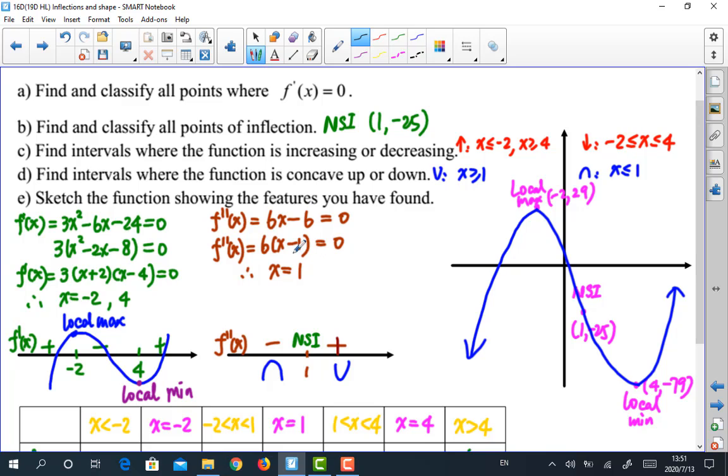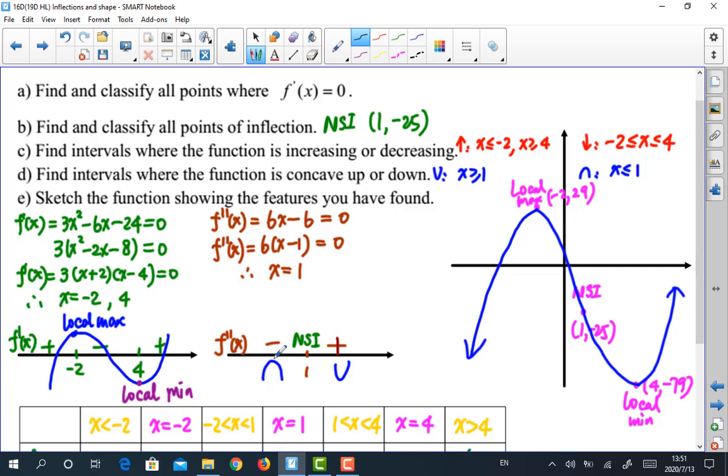So this is also the factored form of the second derivative function. The zero of the second derivative equation is x equals 1. So then we put this 1 on the number line and chunk the domain from negative infinity to positive infinity into 2 intervals. Then determine the sign of the second derivative function.